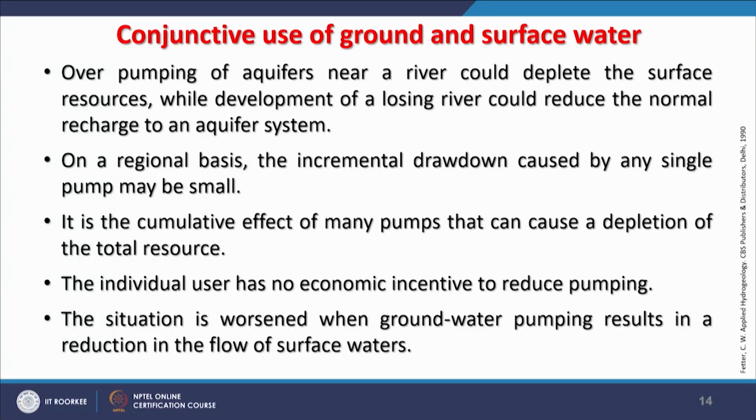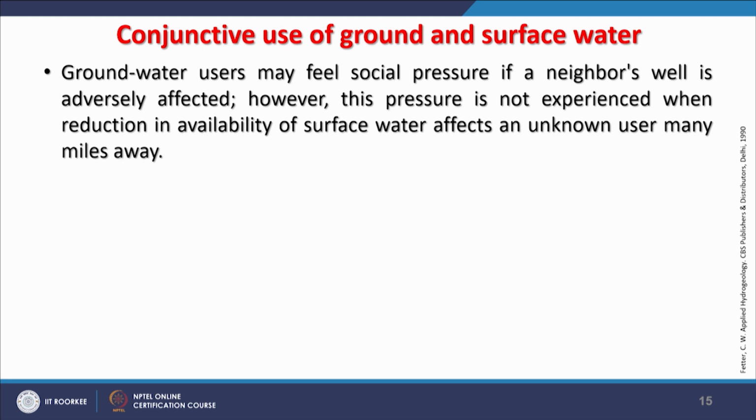The situation becomes worse when groundwater pumping results in a reduction in the flow of surface waters. Too much exploitation of groundwater can create problems, so the balance has to be struck everywhere. Groundwater users may feel social pressure if a neighbor's well is adversely affected.